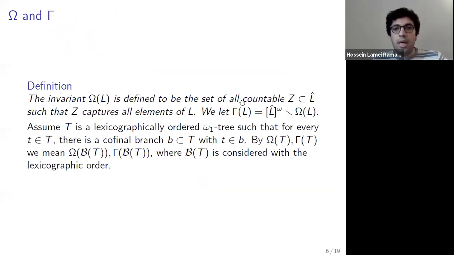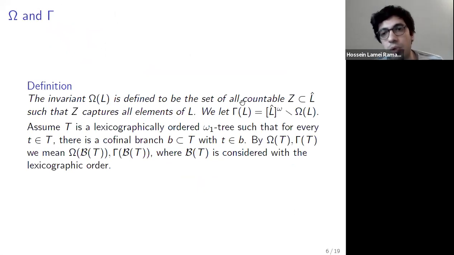There's a very useful invariant for linear orders and omega-1 trees. For linear orders in general, and I could adopt this invariant for omega-1 trees. I'm pretty sure if you work harder and you're interested in trees of higher size, you can adopt it as well.